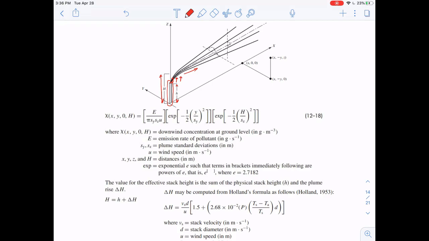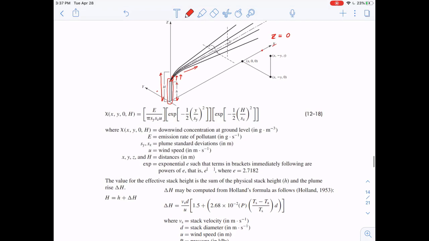If we put a monitoring site on the ground, which represents z equal to 0, we can calculate the concentration of the air pollutant at any location. We can use this equation to do the calculation, as long as we know the y location and the x location. The x location is just the location downwind of the stack here.